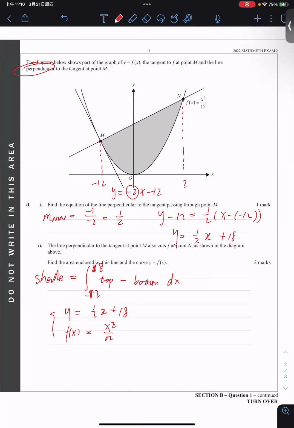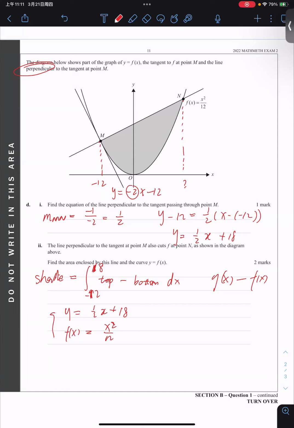The top function should be the perpendicular line, which is y = x, and then you minus your f(x). We are doing a tech-active exam, so do not always throw everything on your freehand calculation. I know some of you are pretty extraordinary and have amazing calculation skills, but once you have the calculator, use it.